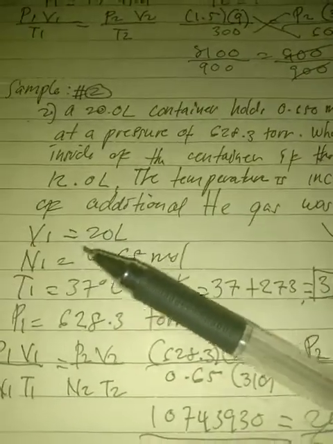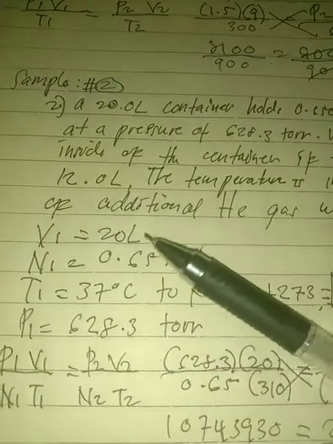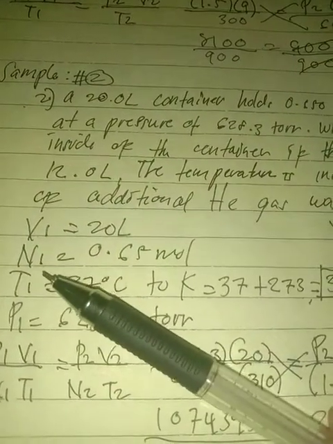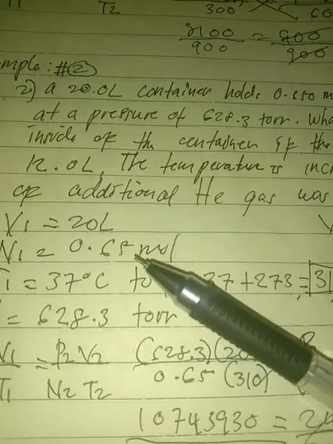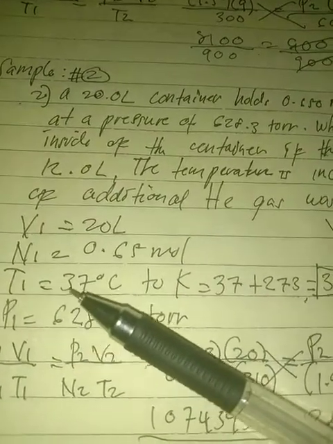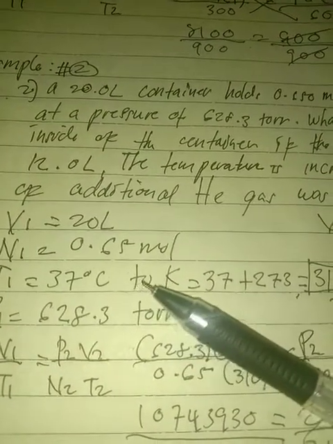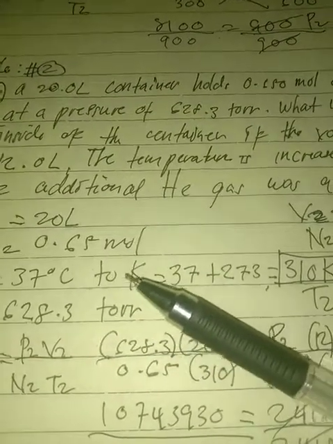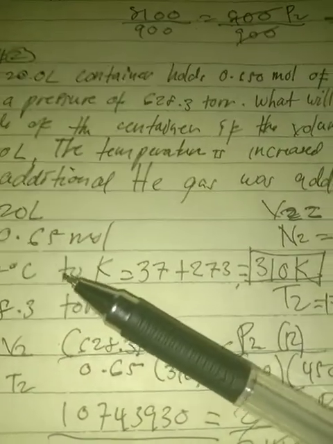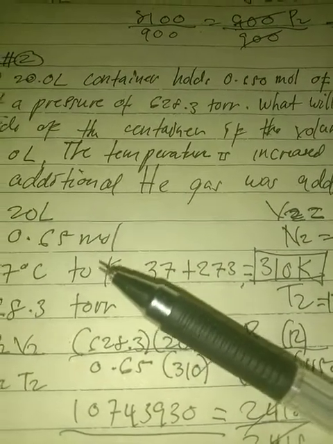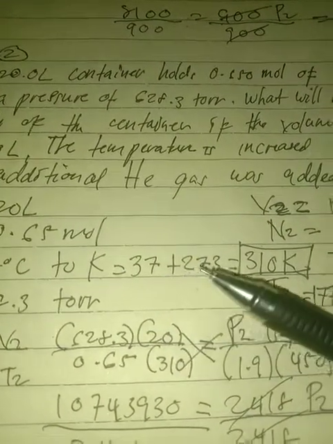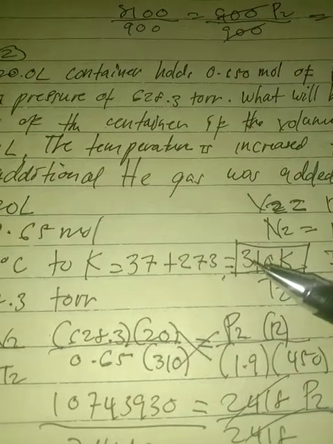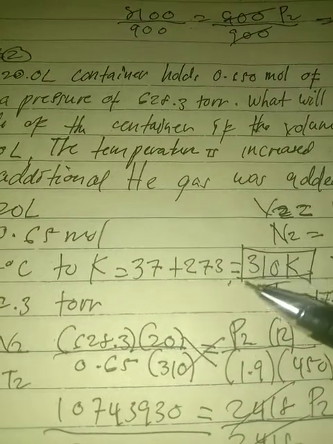So now we are going to find V1, 20 liter, and our N1 is 0.65 mole. Our T1 is 37 degrees Celsius. Since it is Celsius, we are going to convert into Kelvin. So what we are going to do here is to add 273. That is the absolute, Kelvin. So 310.